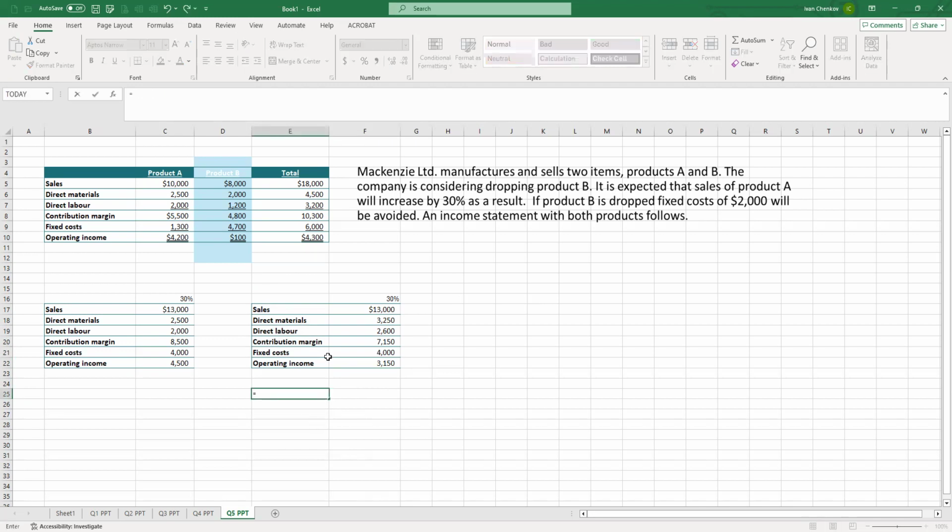What happens with the operating income? This one minus that one. Increase or decrease? Decrease. Decrease with how much? 1,500. So which one will be the correct assumption?